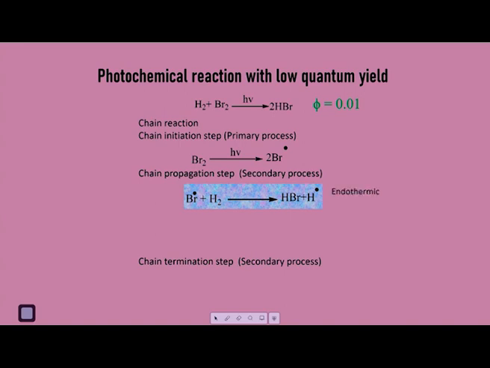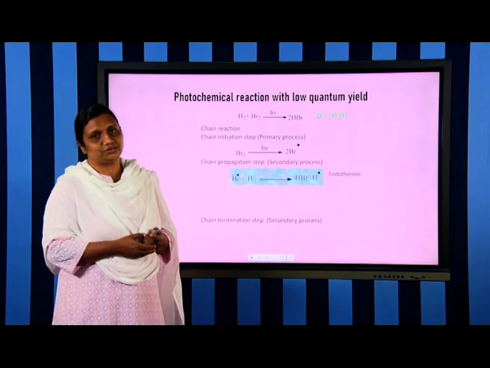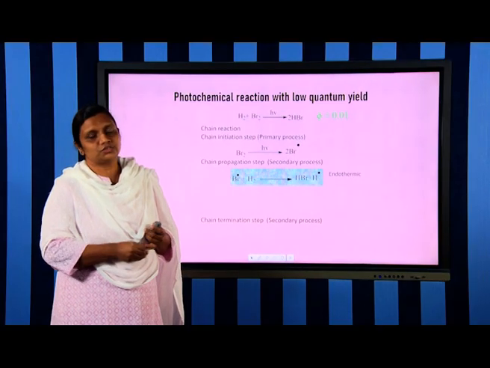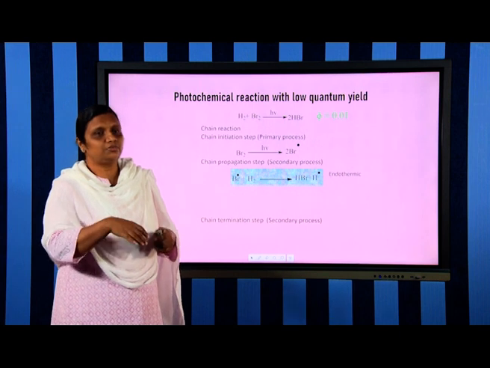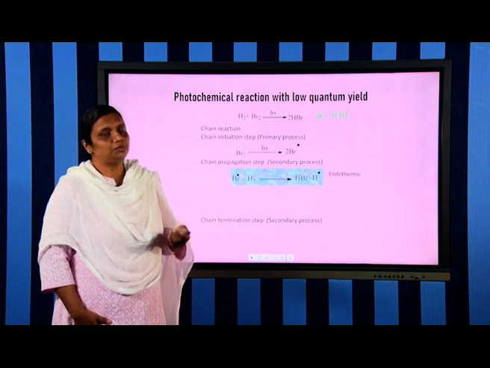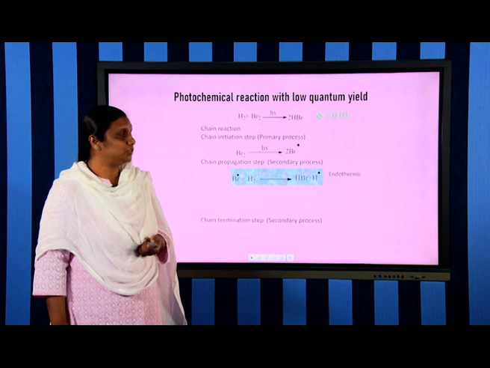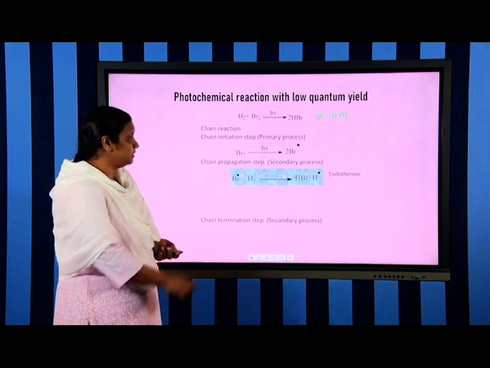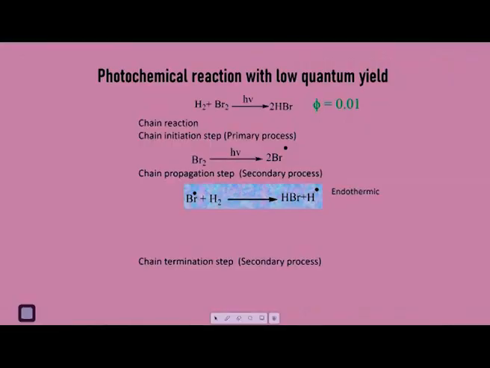And this reaction is endothermic, that means it absorbs heat energy. It is not emitting energy, or giving energy to the surrounding, it is taking up the energy from the surrounding. Now, this point is very important, please keep it in mind. This formation of HBr by the reaction of bromine free radical with hydrogen is an endothermic process.